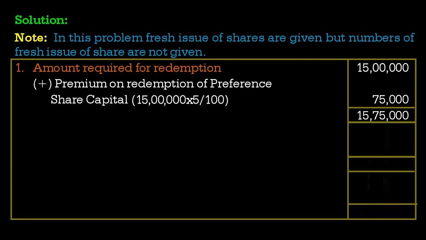So what do we have to see? We should see how much money we have, how much reserve we have in hand. If not sufficient, the remaining amount we will arrange from issue of equity shares. So let us see what amount is available to redeem preference shares.